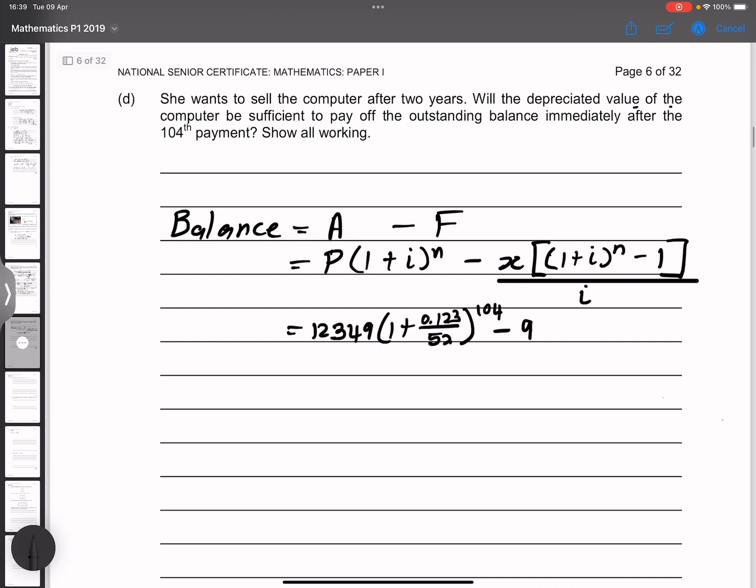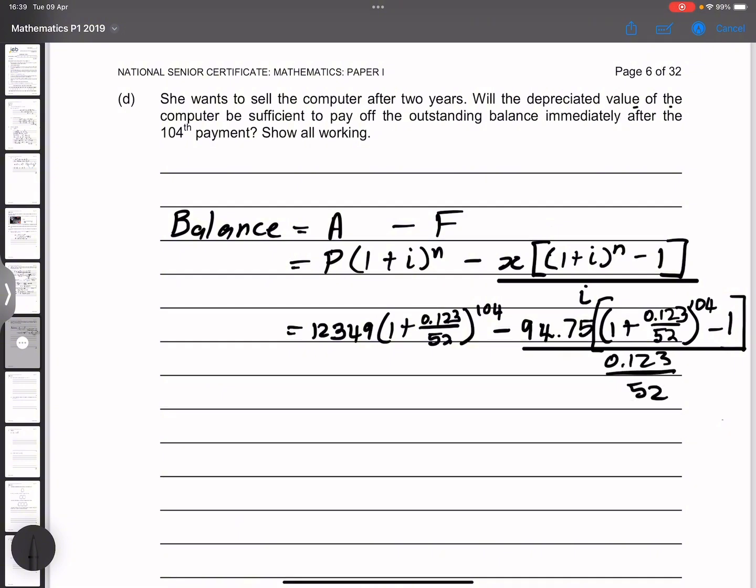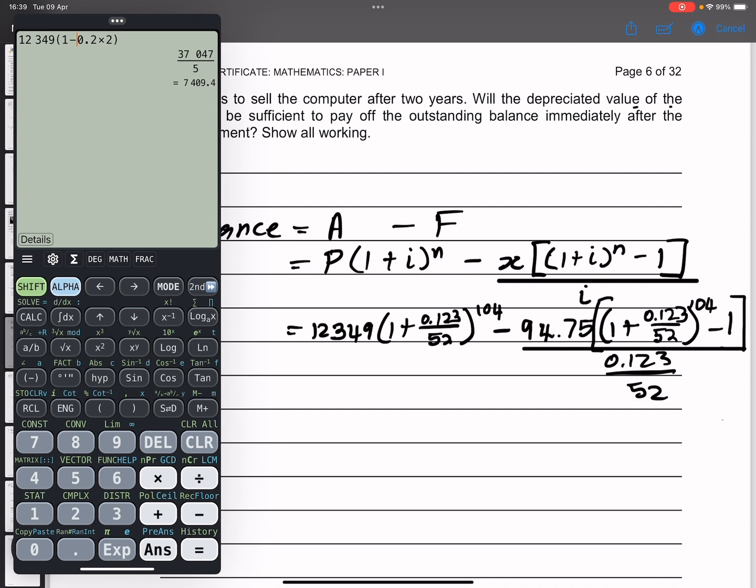Oof, I just placed myself into a corner there. So 0.123 over 52, to the exponent n, which is 104, minus 1, divided by 0.123 over 52. So that's a lot of calculator work we're going to have to do.